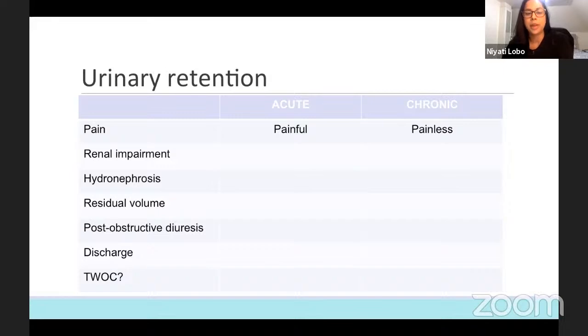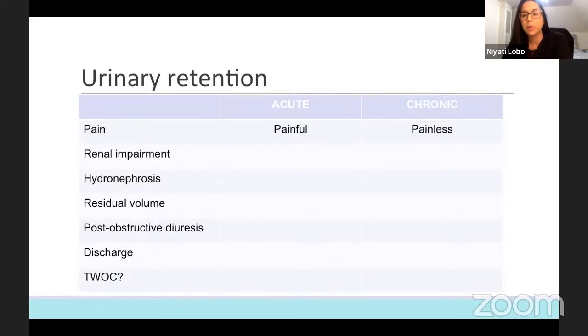There are differences between the two. The first difference is the presence or absence of pain. People that present with acute retention are in pain. They're in pain because they cannot empty their bladders. People with chronic retention, however, don't present in pain.